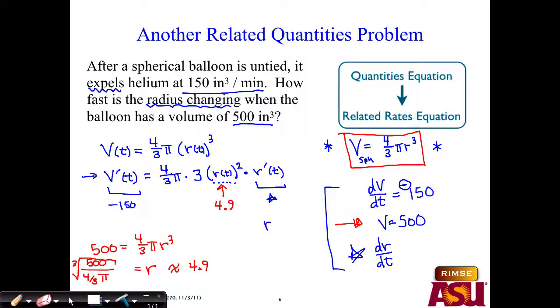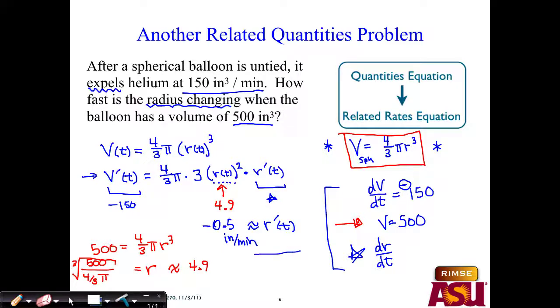R prime of t should come out to be approximately, by doing that division there, negative 0.5. And the units on that, since it's how the radius is changing with respect to time, you can get by doing the same sort of units evaluation we did on the last one, but it should be inches per minute.